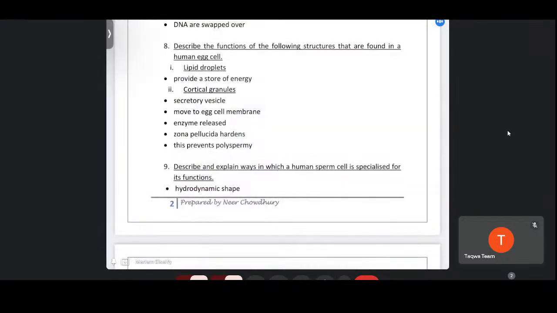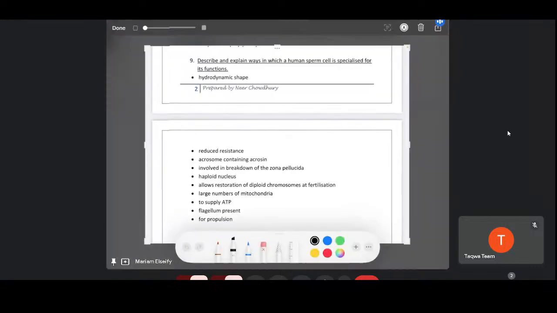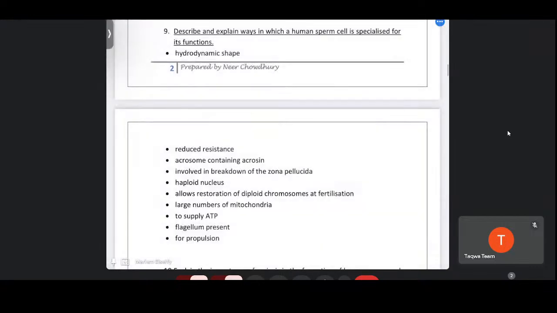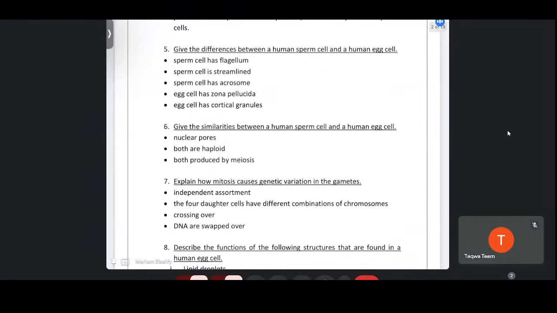Okay, describe and explain ways in which a human sperm cell is specialized for its function. We said, first of all, that the sperm cell has a flagellum, is streamlined, has an acrosome, has nuclear pores, is haploid, and is produced by meiosis.